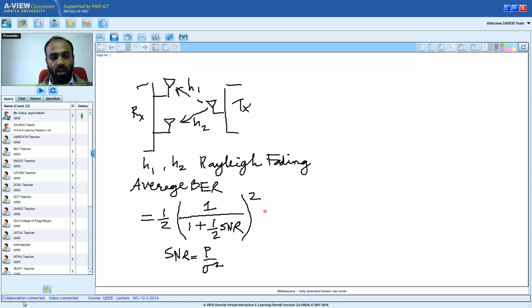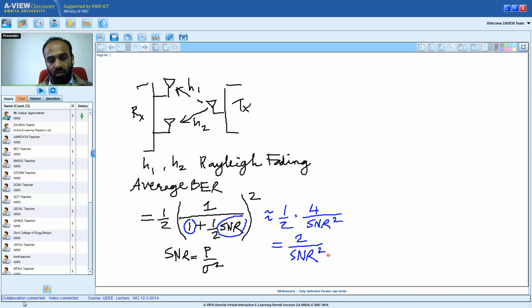And also we said at high SNR this can be approximated as follows. Because SNR is high, I can ignore this additive factor of 1 in comparison to SNR. Therefore I will get the average bit error rate approximately equal to half times 4 over SNR square, which is basically equal to 2 over SNR square.